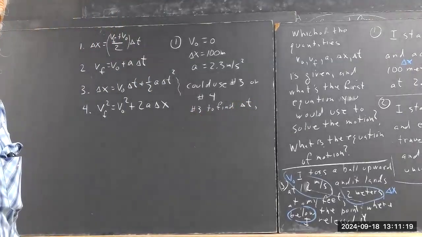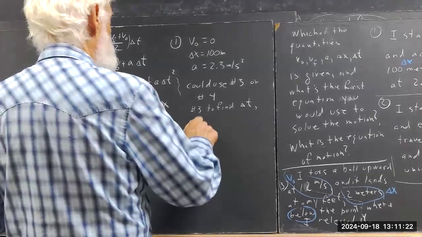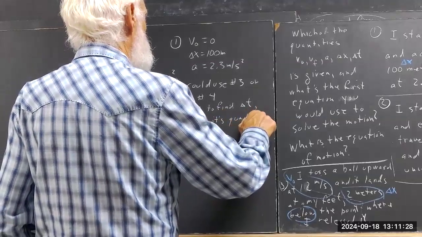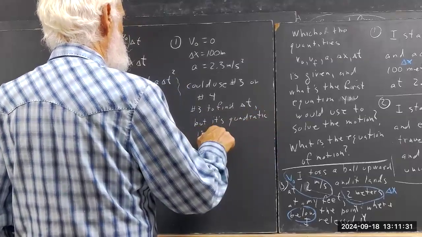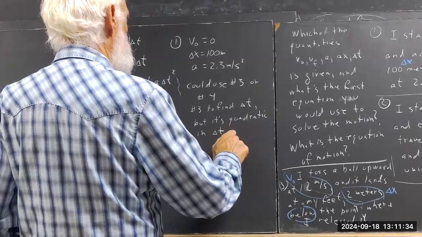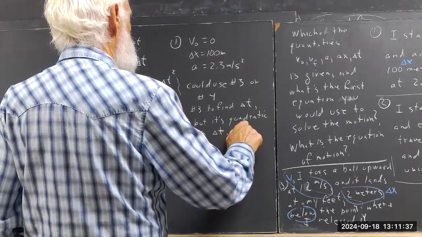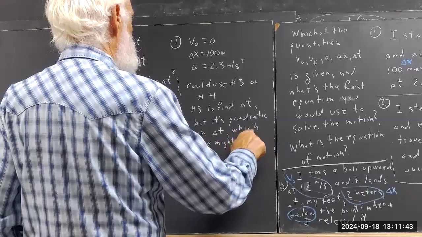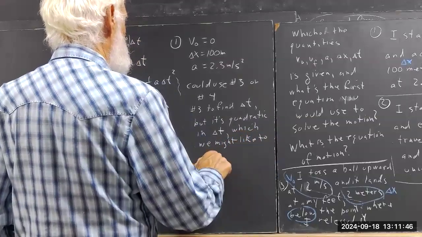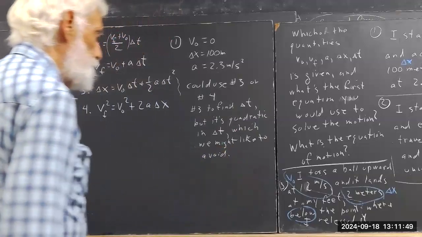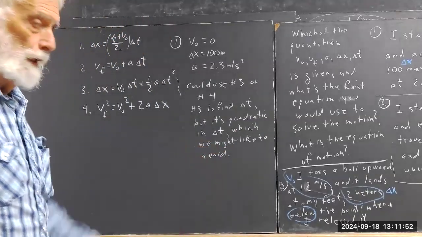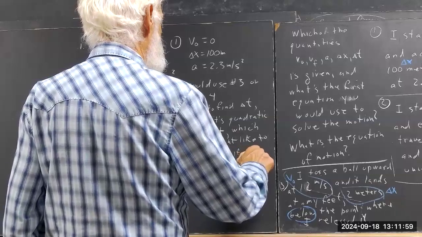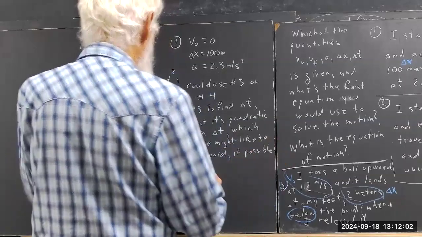Number 3 to find delta t, but it's quadratic in delta t, which we might like to avoid, if possible.